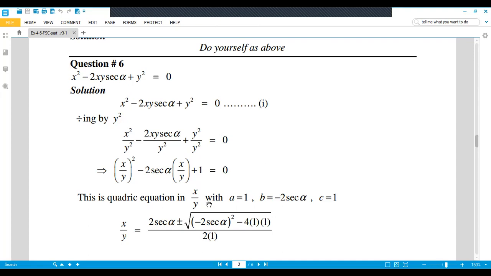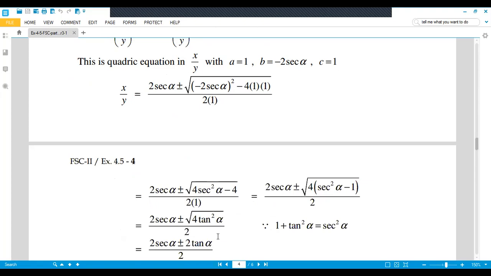So minus b is plus 2 secant alpha, plus minus under root b square, that is 4 secant square alpha, minus 4ac, a is 1 and c is 1, divided by 2 into 1.